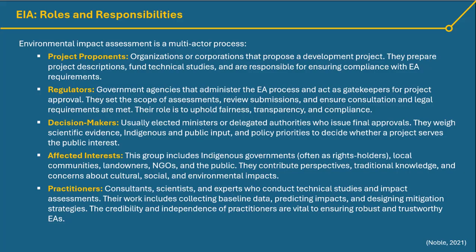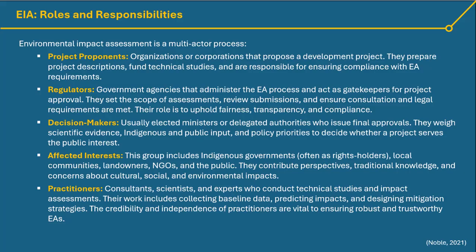We also have affected interests, and really, this is a very broad category of a role or responsibility, right? Although it is very important. Affected interests are going to include Indigenous governments. They're going to include local residents. They're going to include non-governmental organizations or NGOs and environmental groups and even the general public.